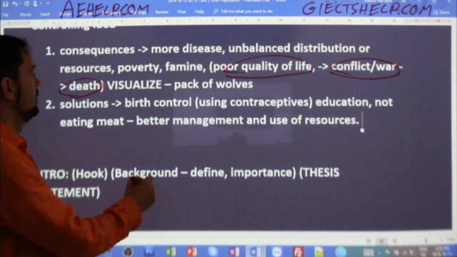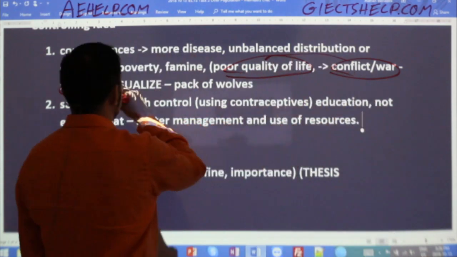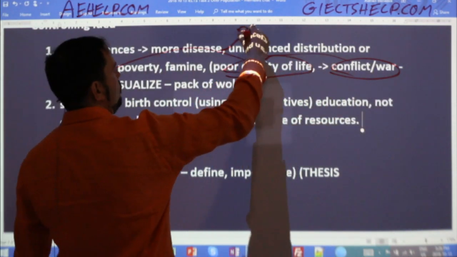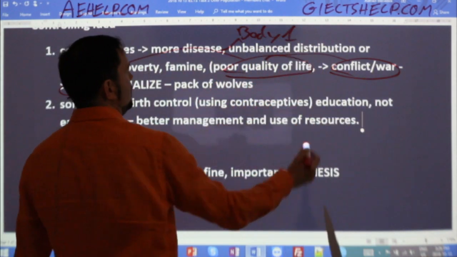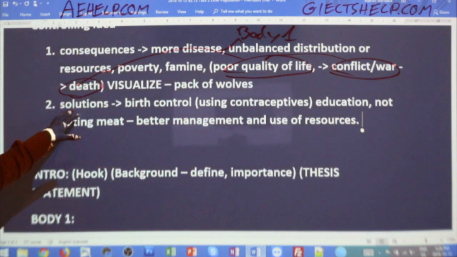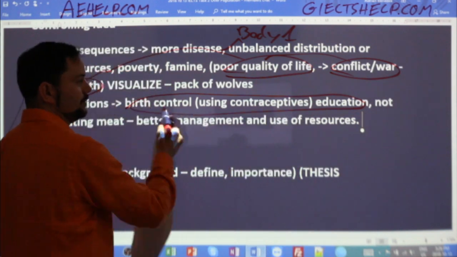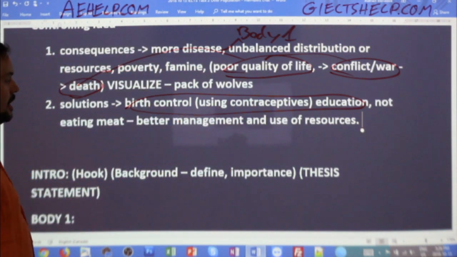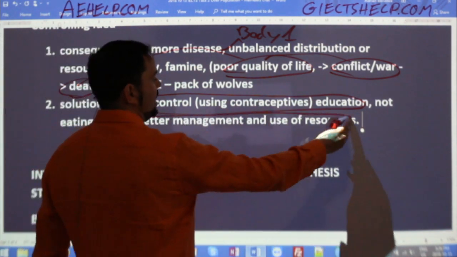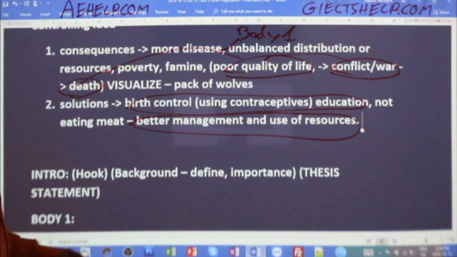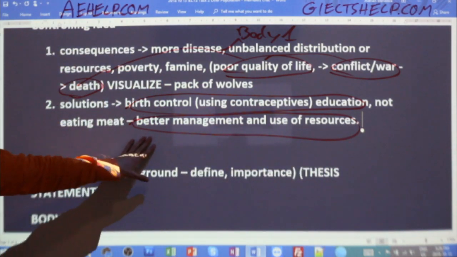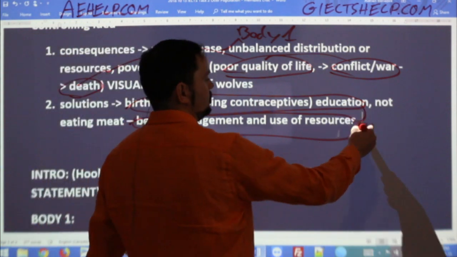All right? 1, 2, 3, body paragraph 1. Okay? And then solutions. 1 is birth control education, okay, about the idea of overpopulation, and 2 is better management and use of resources. So here's 1 and 2 solutions.